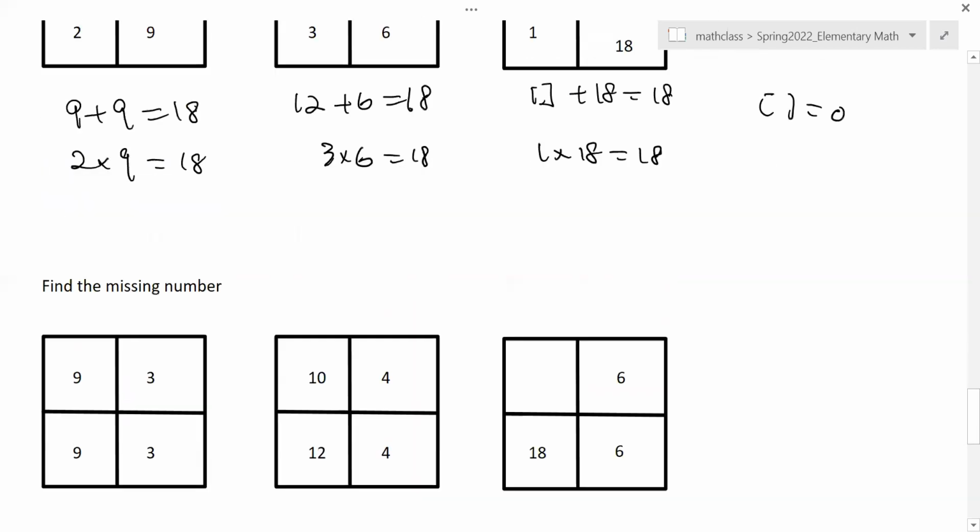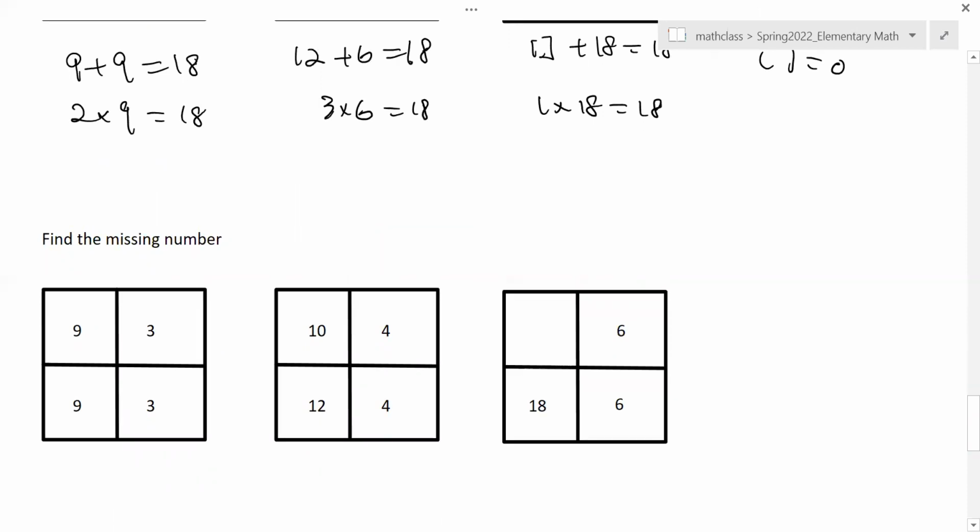All right, now here is another set. So 9, 3, 9, 3. Wow, 10, 4, 12, 4, slightly different. All right, and some number, 6 and 18, 6.